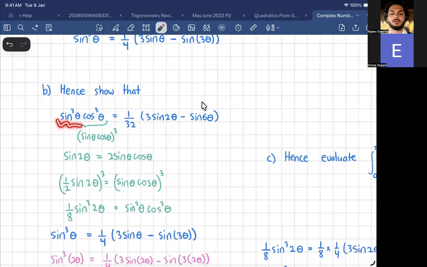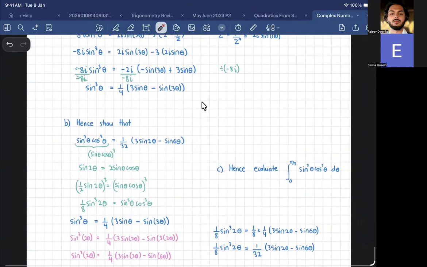We saw that sine to the power 3 theta cos to the power 3 theta looks like sine theta cos theta to the power 3. Now, sine theta cos theta is just half the double angle identity for sine. So a half sine 2 theta is equal to sine theta cos theta. Then we cubed both sides and got 1 over 8 sine cube 2 theta is equal to sine cube theta cos cube theta.